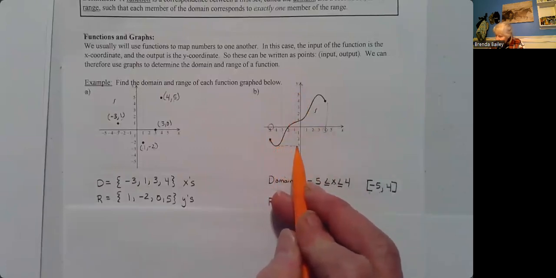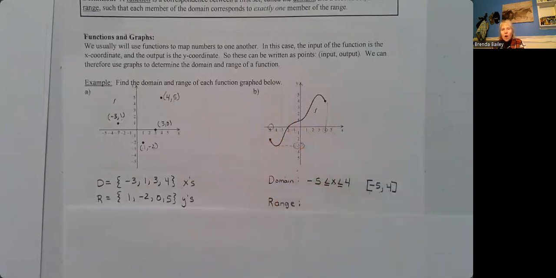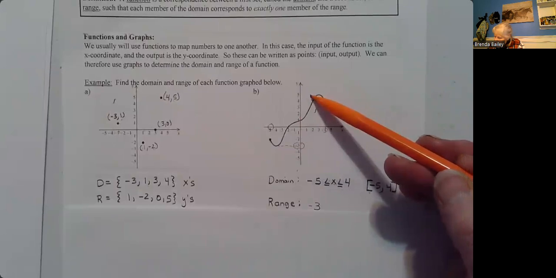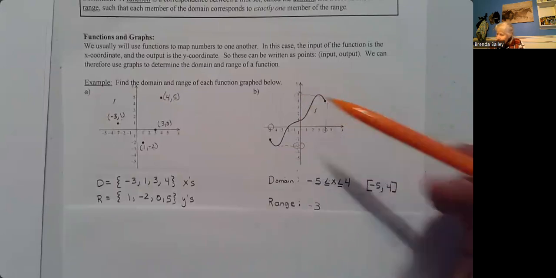The lowest the graph goes on the y-axis is a -3. The highest the graph goes on the y-axis looks like a 5.